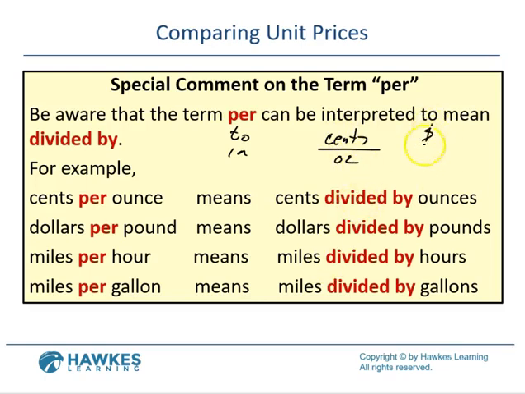Dollars per pound, and it's also being very intentional about where that line is. Divided by, we're having miles per hour. So it's miles divided by hours, and then miles per gallon, miles divided by gallons. Hopefully that helps out. We'll do some more examples and keep trudging along.